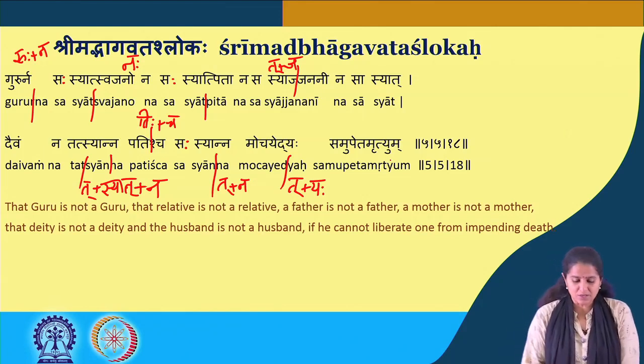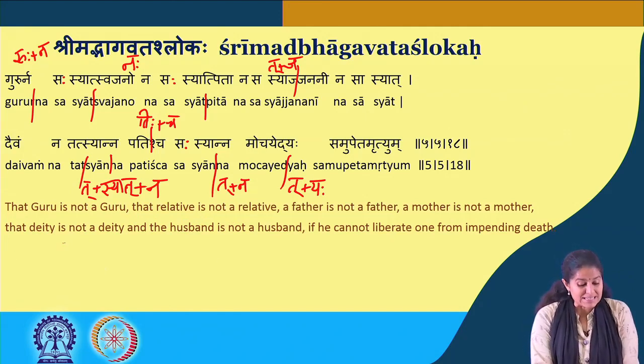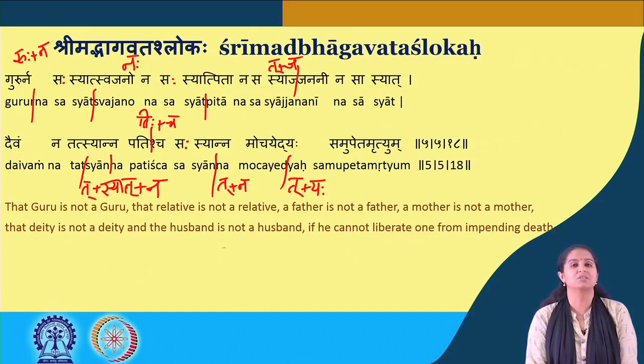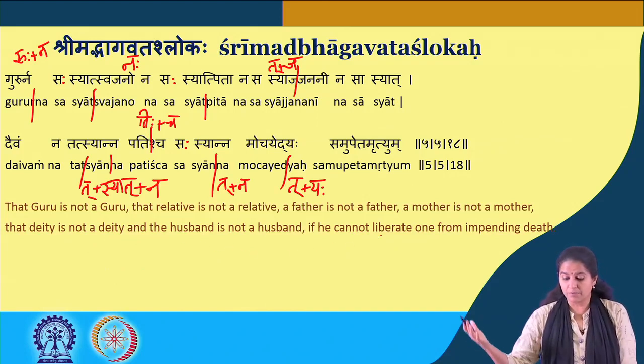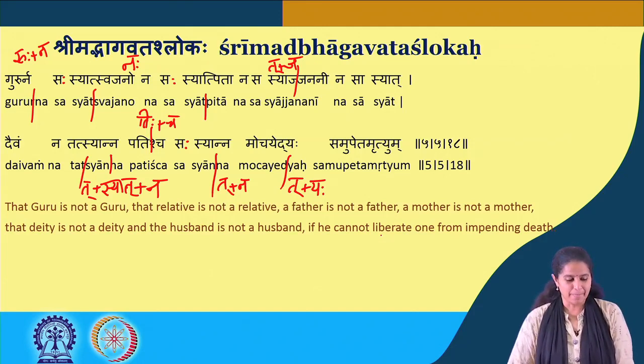Alright, and what is the meaning of this? That guru is not a guru, that relative is not a relative, a father is not a father, a mother is not a mother, that deity is not a deity, and the husband is not a husband, if he cannot liberate one from impending death. So I'll say it and you repeat after me.